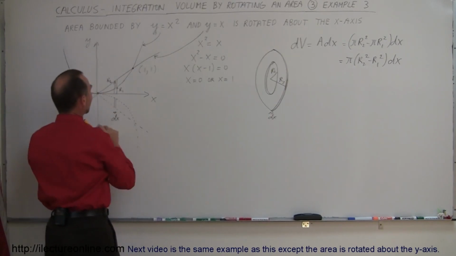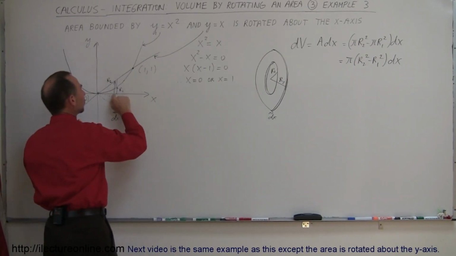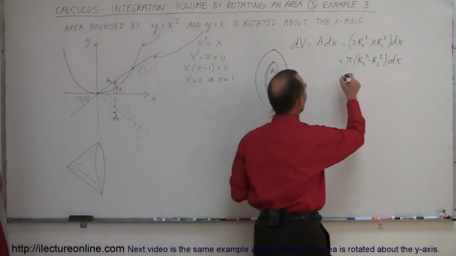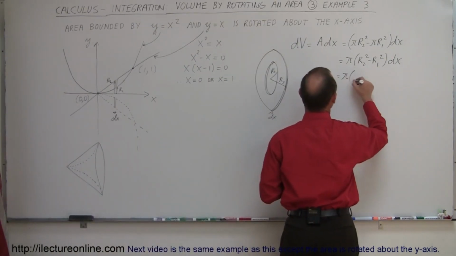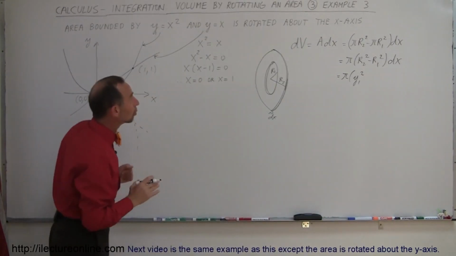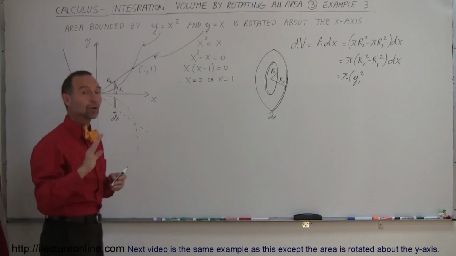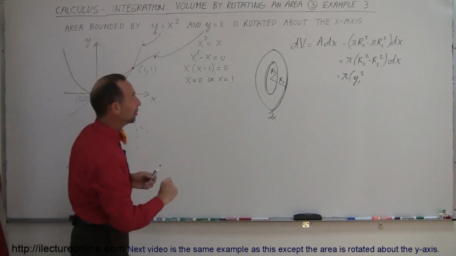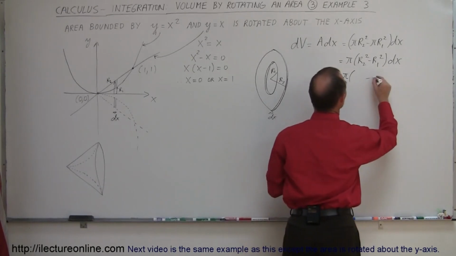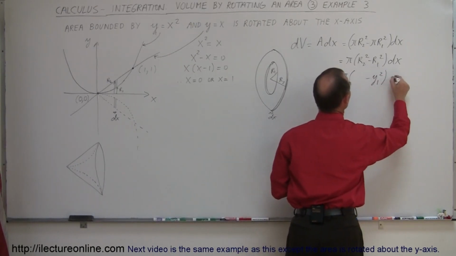And so we can then say that R1 is equal to the distance from the x-axis to the parabola, which is defined as y1. So this can be written as pi times y1 squared. And then R2, oh, sorry, I'll take that back. I've got R2 there. So I was talking about R1, so that would be minus y1 squared dx.